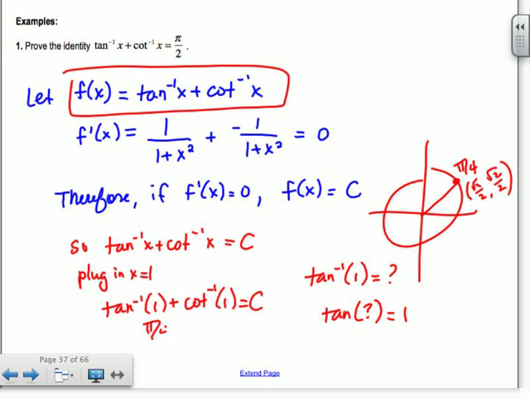That's pi over 4 plus pi over 4 equals the constant. So our constant has to be pi over 2, and it will work for anything that you plug in for x. If you plugged in x equals 0, tangent would be 0, well, that'd be undefined. So you have to kind of pick your numbers.